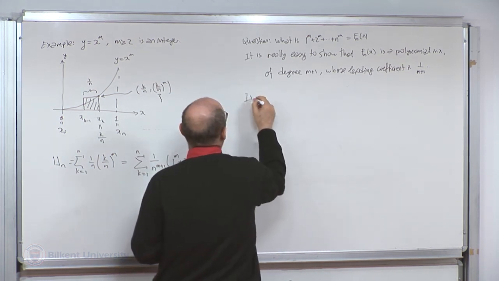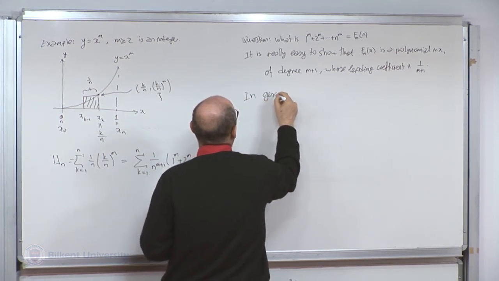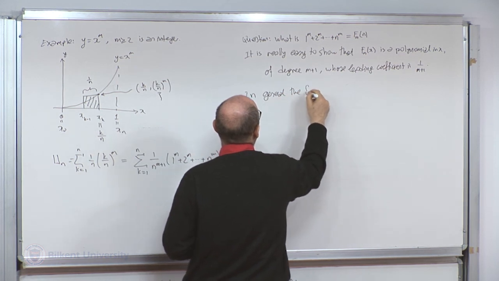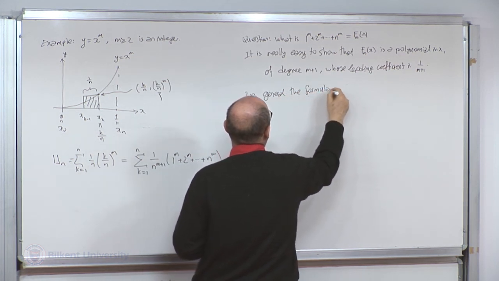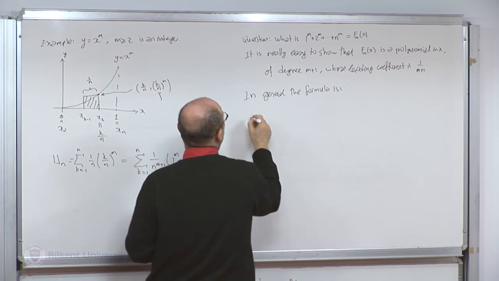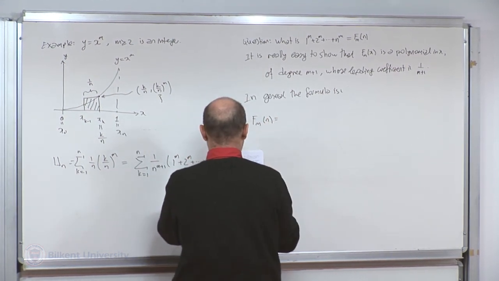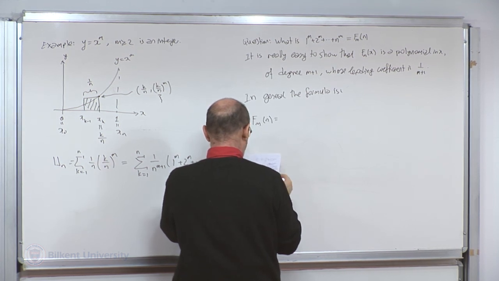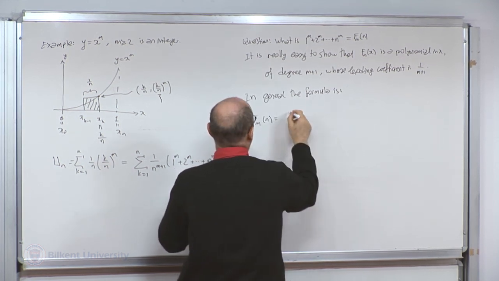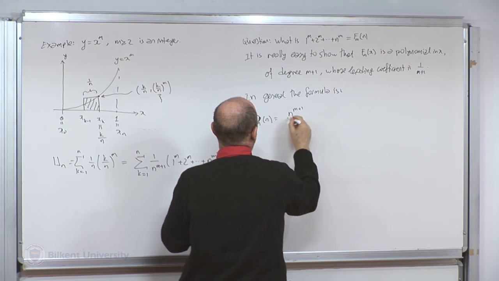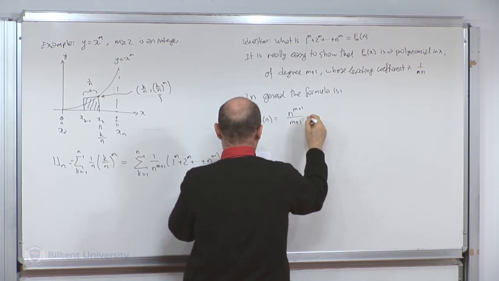But in general, the formula is: f_m(n) is equal to n to the power m plus 1 over m plus 1 plus n to the power m over 2.